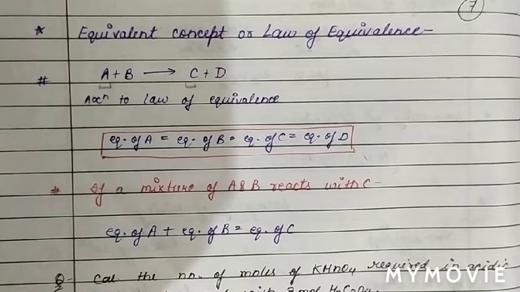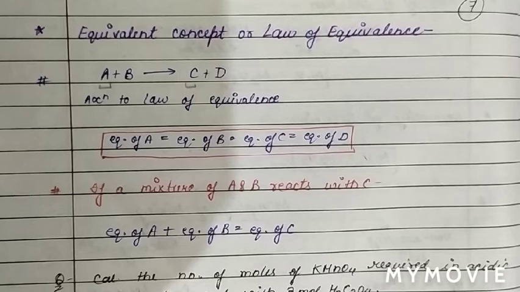According to the reaction, acid and base combine to form salt and water. We say the gram equivalent of base will be the same as the gram equivalent of acid, which will be the same as the gram equivalent of salt. Now equate the gram equivalents of base and acid. We know the number of equivalents is given mass upon equivalent mass. The given mass of base is 0.5.